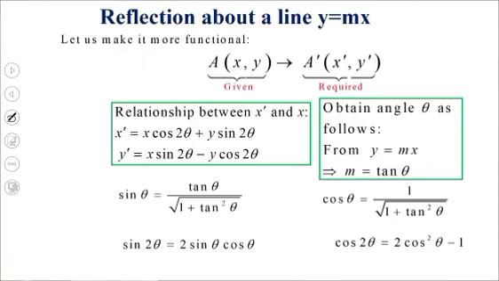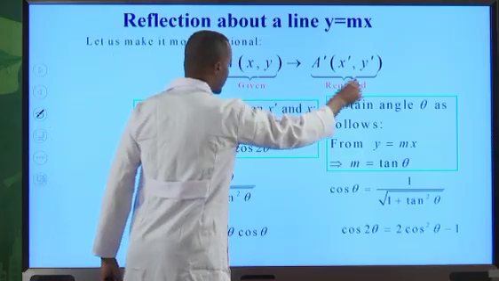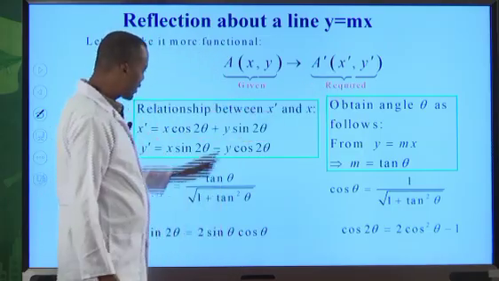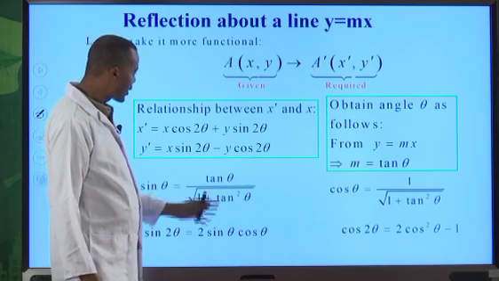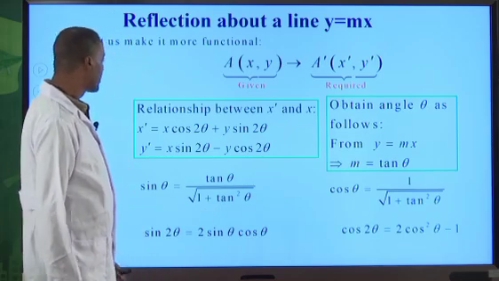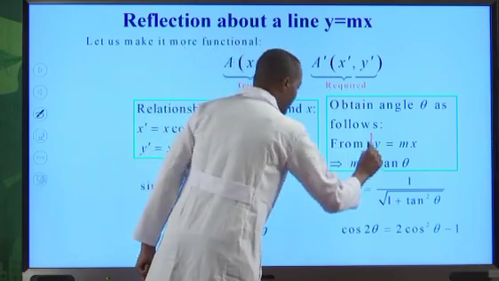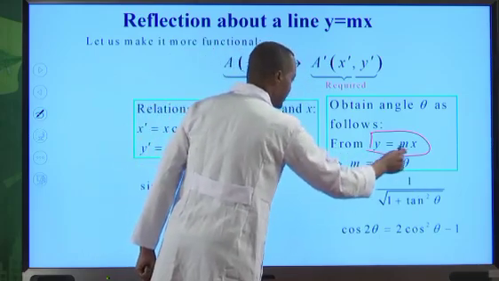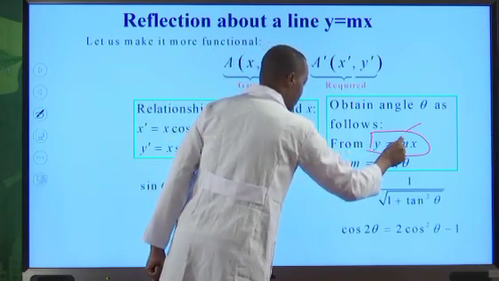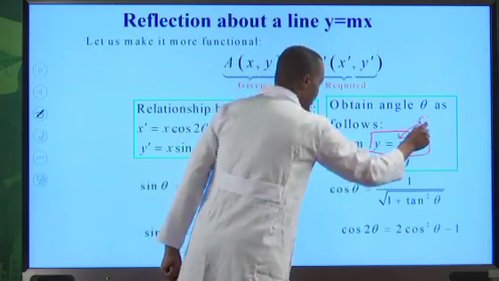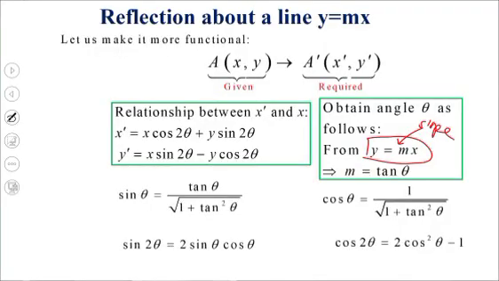For a mirror line which passes through the origin, if this is given, this is going to be the required matrix. And here are some trigonometric identities that will help us to relate, because whenever this kind of line is given to us, y is equal to mx, this is the slope. This m is taken as its slope, so that slope m is equal to tangent of theta.